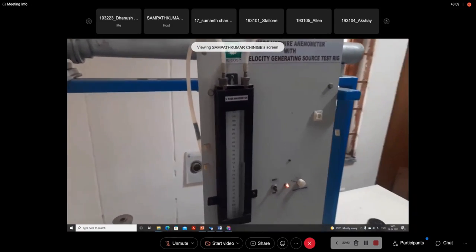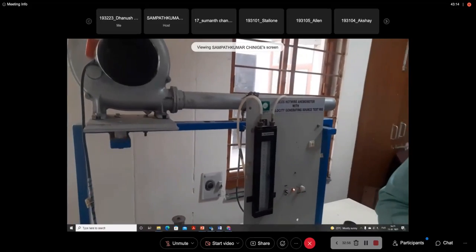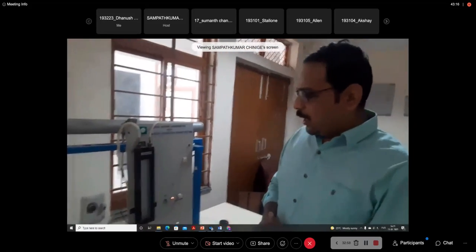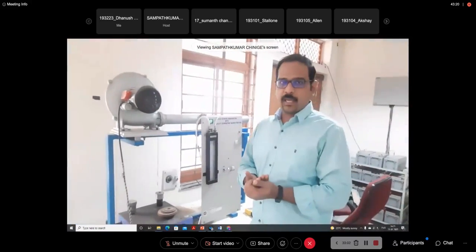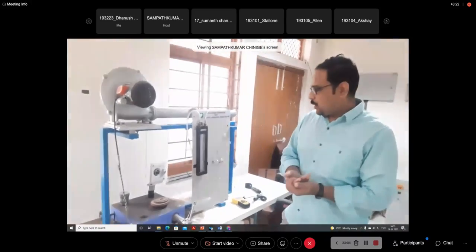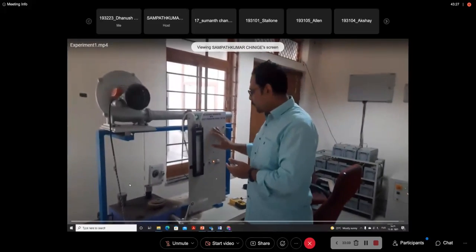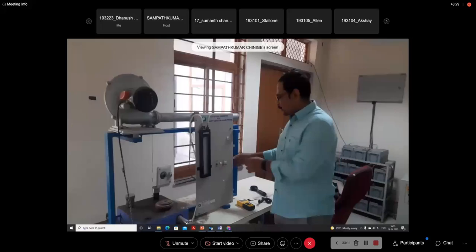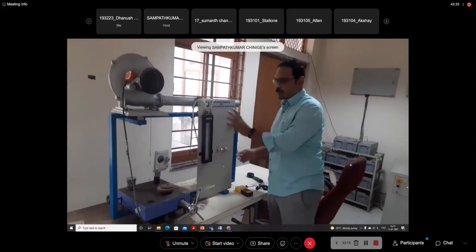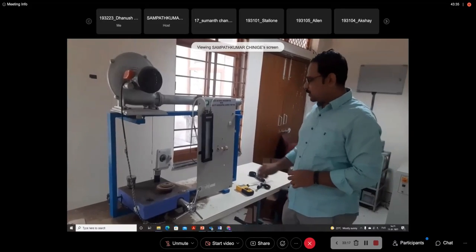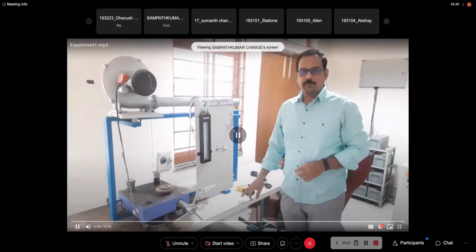Likewise, you have to take a minimum of 6 readings, and once you have these 6 readings, you can do the calculation. After taking all the readings, you have to switch it off. For that, reduce the voltage to the blower to 0, then switch off the set.